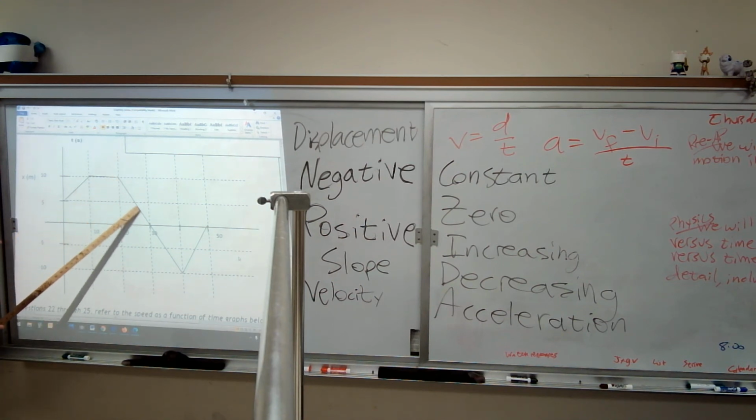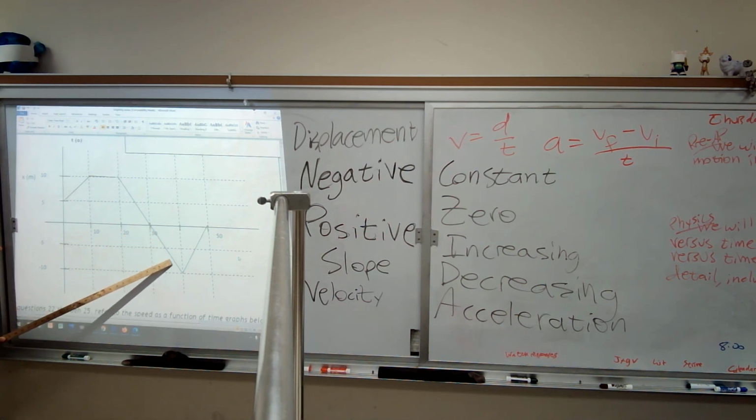Anyway, this one's going faster now. This one went, let's see, from 10 to 0 meters in 10 seconds. So 10 meters in 10 seconds, well, that's 1 meter per second. Now it's in the opposite direction, so we'll say negative 1 meter per second.